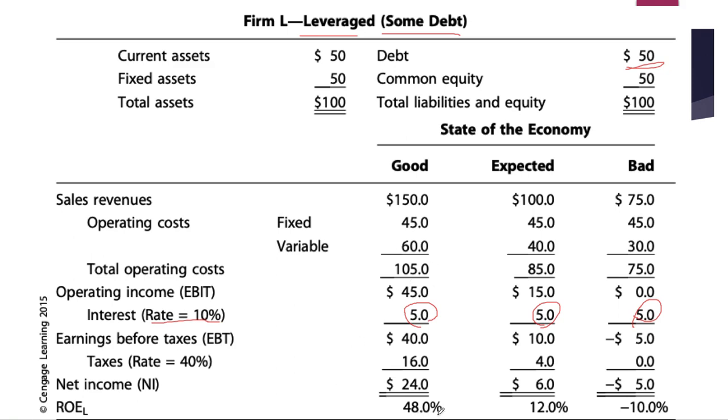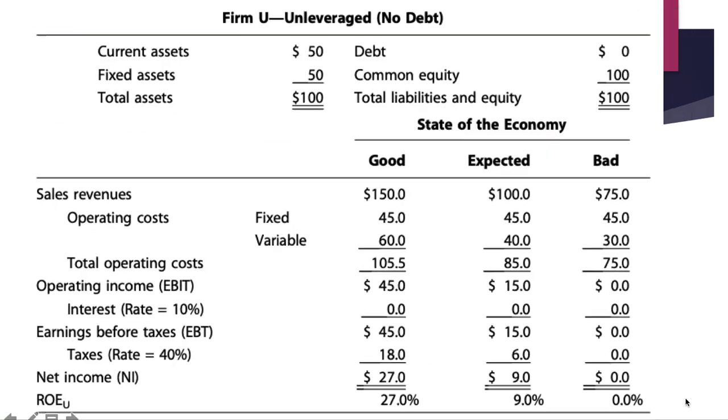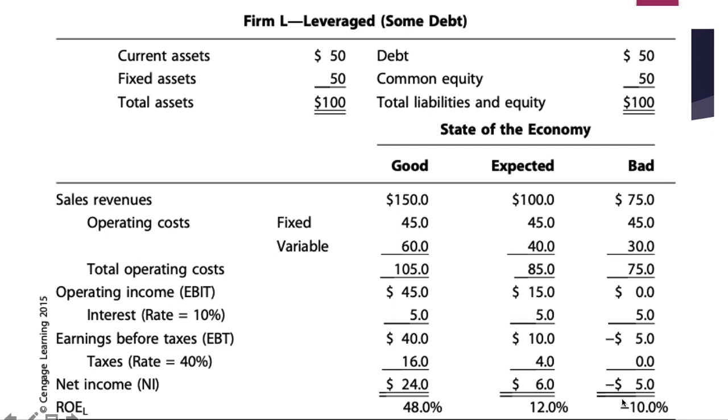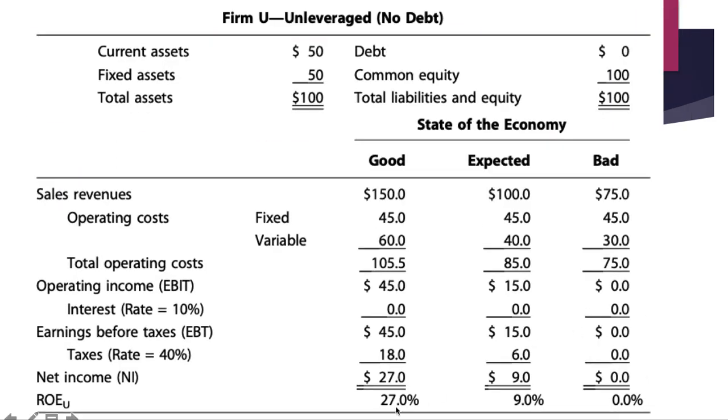On the other hand, the return on equity is potentially much higher than in the previous case. But on the contrary, the disadvantage is that we can also have a much bigger loss. In the other case, the loss is limited to 0, but here it can be up to a 10% loss under the same scenario. So as you see, it matters whether the corporation is leveraged or not, and we can directly observe the effect of leverage.